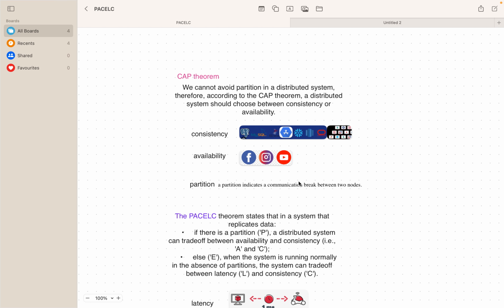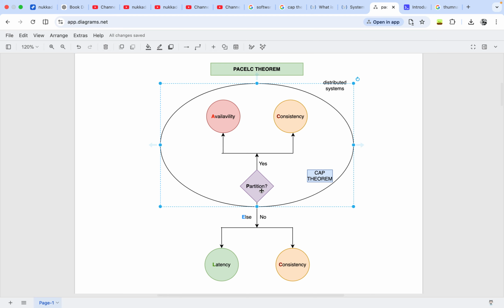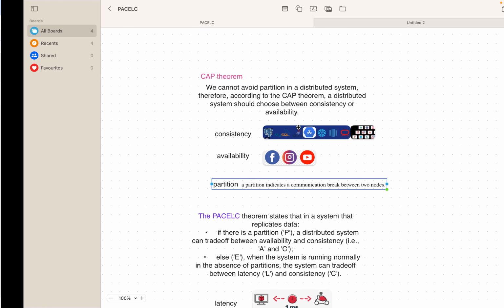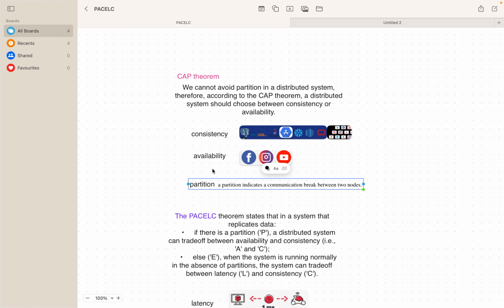Now let's go back to the diagram. If a partition happens, that is, if a network failure happens, then we have to choose between availability and consistency. This is what the CAP theorem is in a nutshell, right? I hope you got it till here. This CAP theorem is very simple.